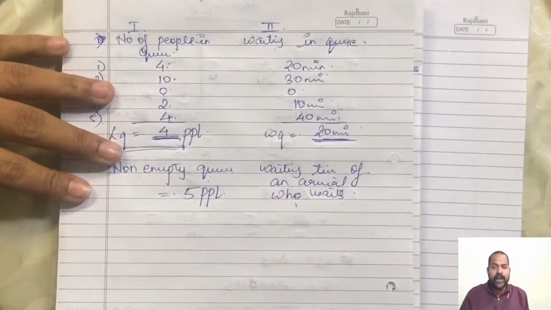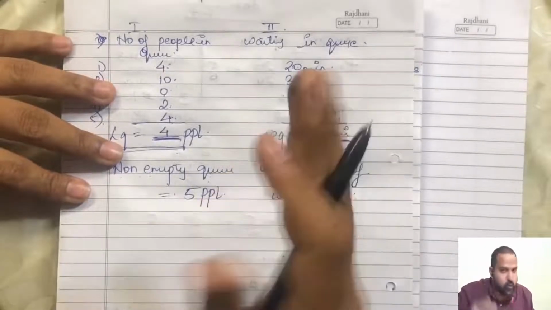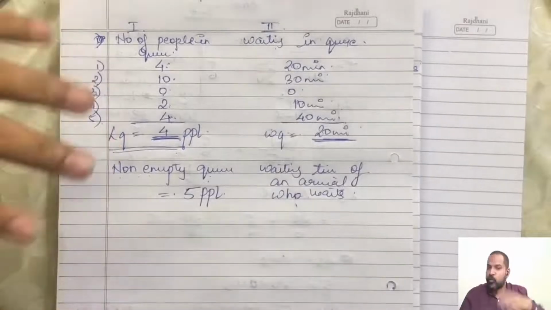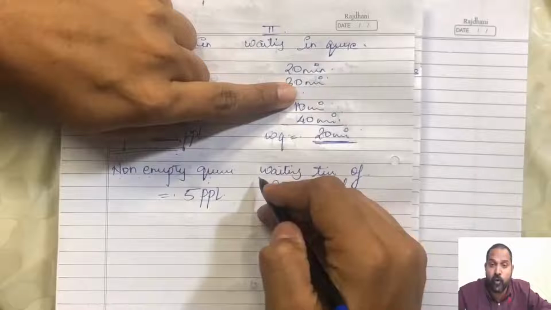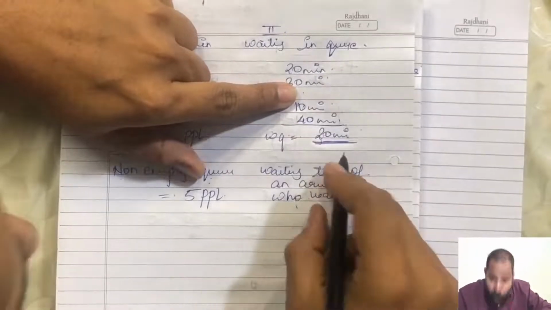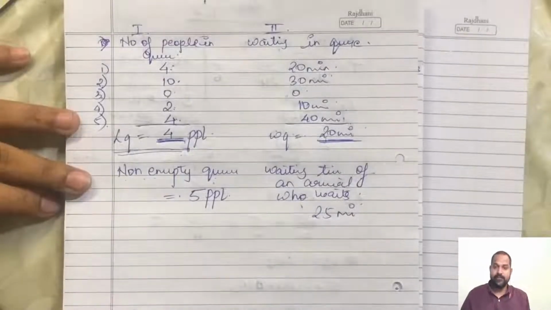What do you mean by waiting time of an arrival who waits? Well, there is one person who didn't wait. I'm not going to consider it. My average is going to be divided amongst the 4 people. So it's 100 divided by 4, which is 25 minutes and not 20 minutes.